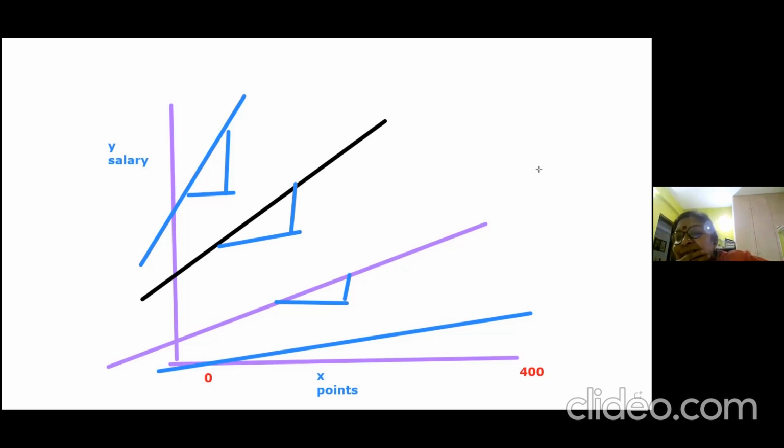Very clear, guys? You will not find this in any book. That's why I wanted to show you very clearly what slope and intercept mean, because this is very core to compensation and benefits.